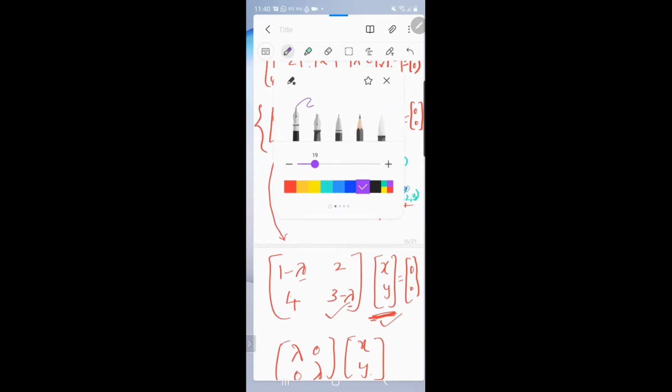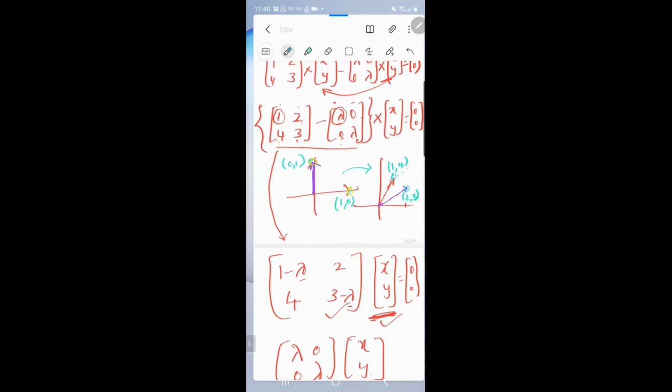When I do this kind of a transformation, what I'm doing is I'm taking this square here, or this rectangle, and I'm converting this into this parallelogram here. Does that make sense?